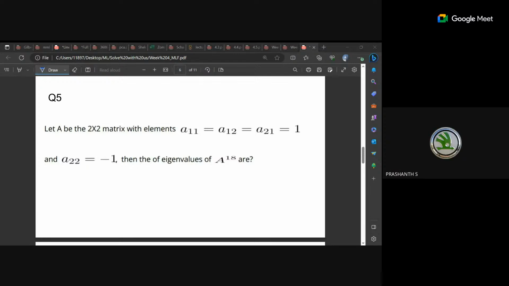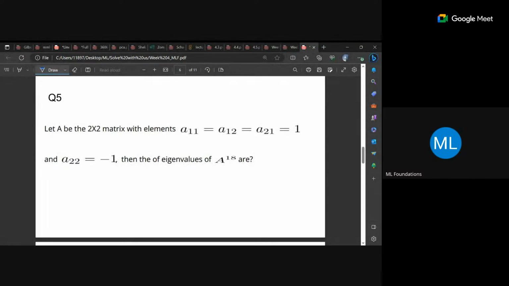Root 2 and minus square root of 2. Yeah, root 2 to the power 18 and minus root 2 to the power 18. So both will be 2 to the power 9, right? So you'll have two eigenvalues and both will be 2 to the power 9, because 18 is even. Yes. Okay. So is it clear to all of you? Just write down the answer here.